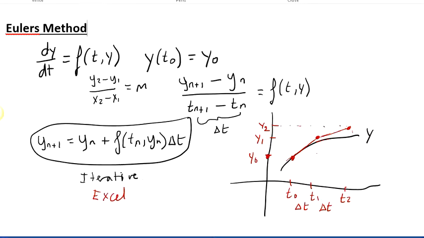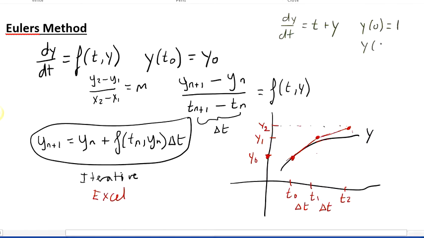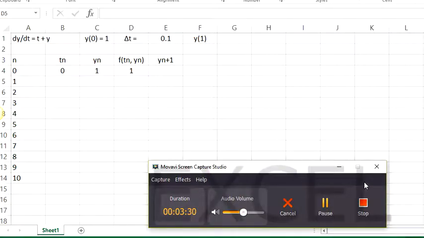The example we're going to look at is, let's say, dy/dt equals t plus y, and we're going to say y of 0 is equal to 1, and we want to know what y of 1 is equal to. So let's do that in Excel.